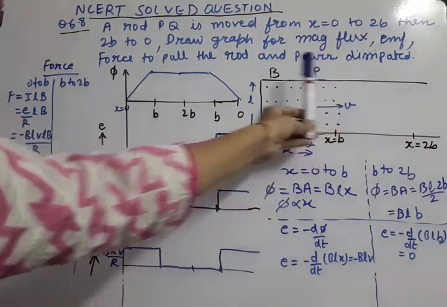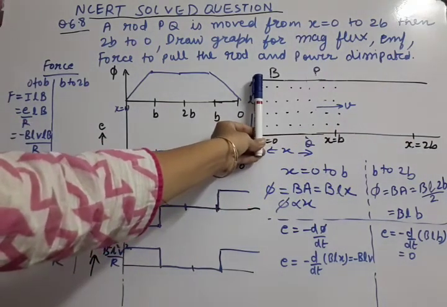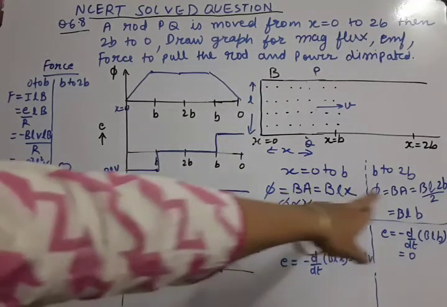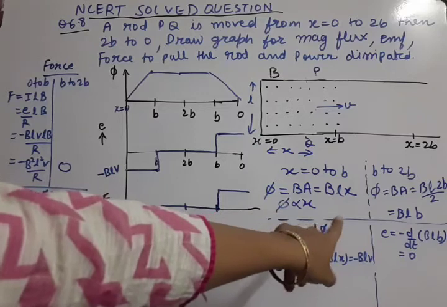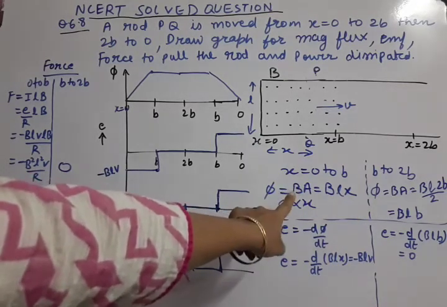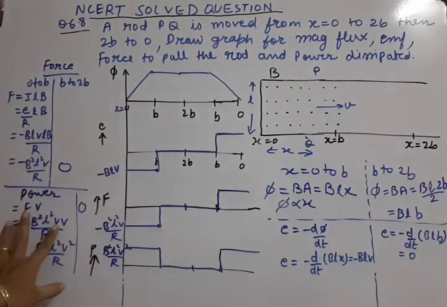And from B to 0 again, we have to bring the rod. So flux decreases. So the main part of this question, the starting part, is very important. The flux part is very important. All other things are easily solved.